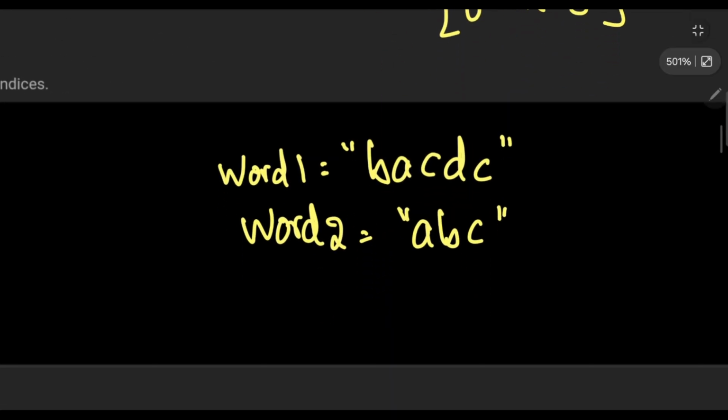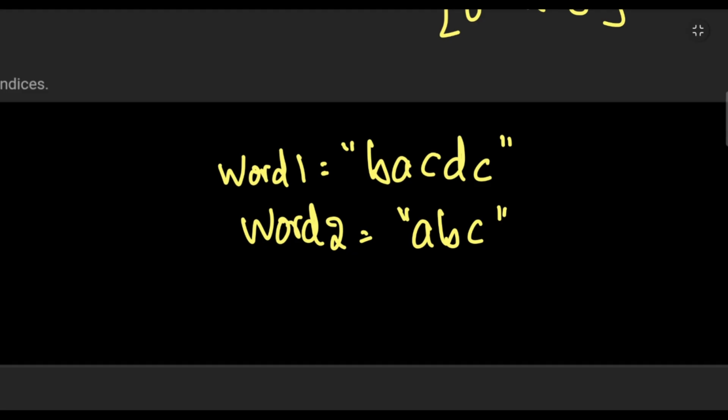Now in this one we need to select a sequence of length 3, and the resulting string of the sequence in the same order should be almost equal to word2.